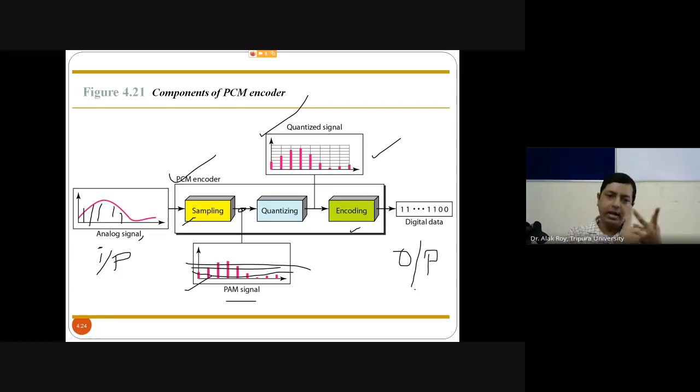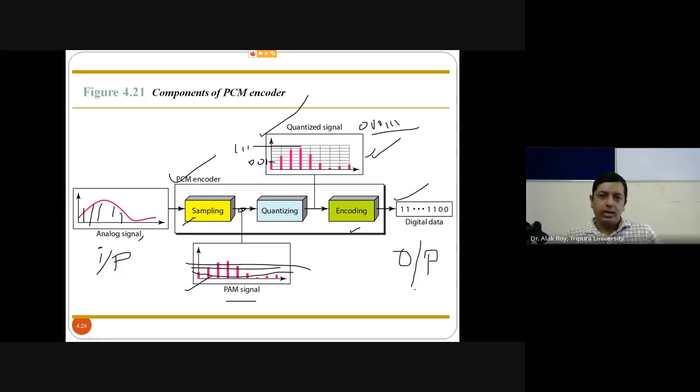After sampling and quantization, it will go for encoding, where based upon the level value, each level is given, say, 001, or this level, say, 111. Different signal points will have different values. After having all the values, say 000, 111, that will be your bit stream, which will be given as digital data.